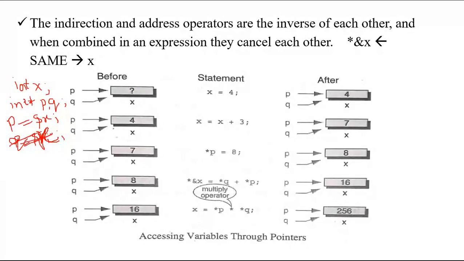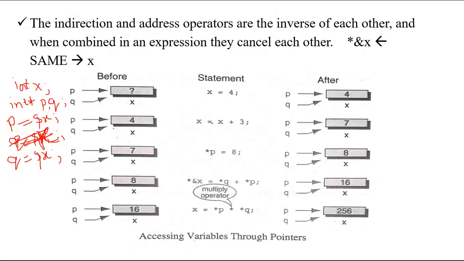So both p and q are pointers pointing to x, and x is holding nothing so far. After this statement, when you say x = 4, what will happen? Yes, x is holding 4 now and p and q are pointing to that 4.